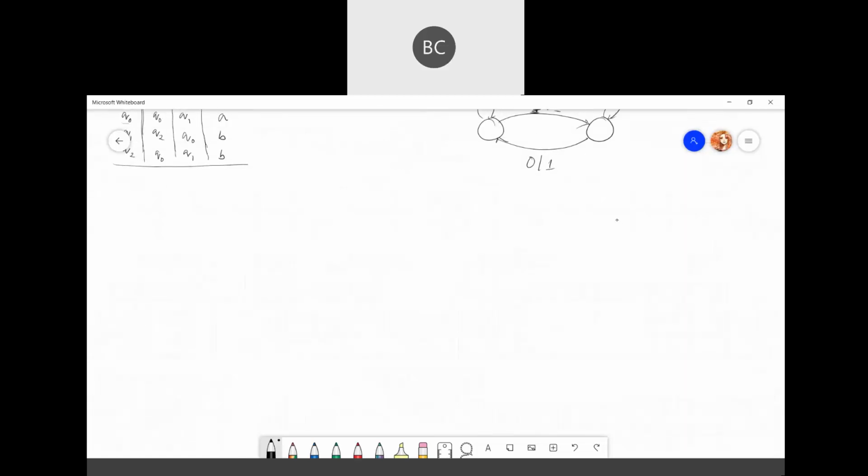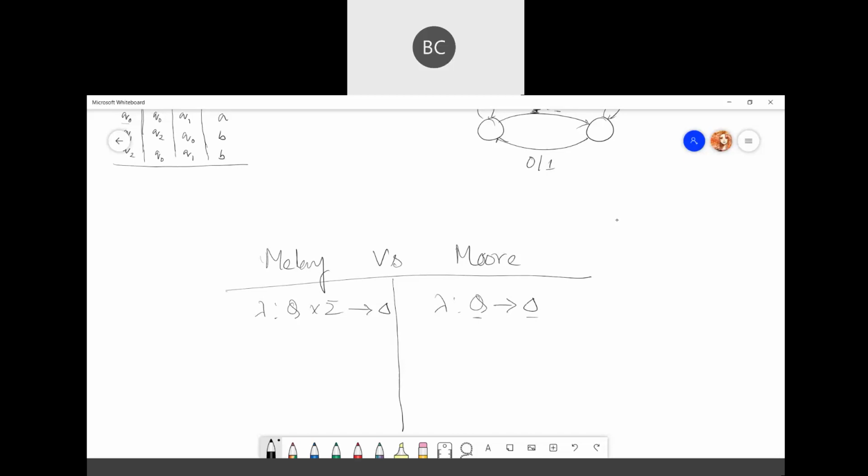If we say Mealy versus Moore machine, one is definitely your output function. Here it is sigma, taking a symbol, and here it is simply output function. For every input state, output is there, and here after taking input only, you will get the output.